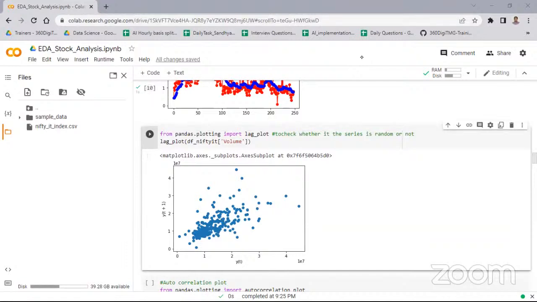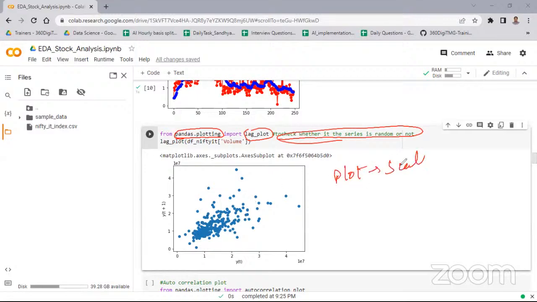We also have one more to check whether the time series data is random or not, by using lag_plot with the help of plotting. Plotting will take the data and plot it. It looks like a scatter plot. This gives you an idea that it has more variations.